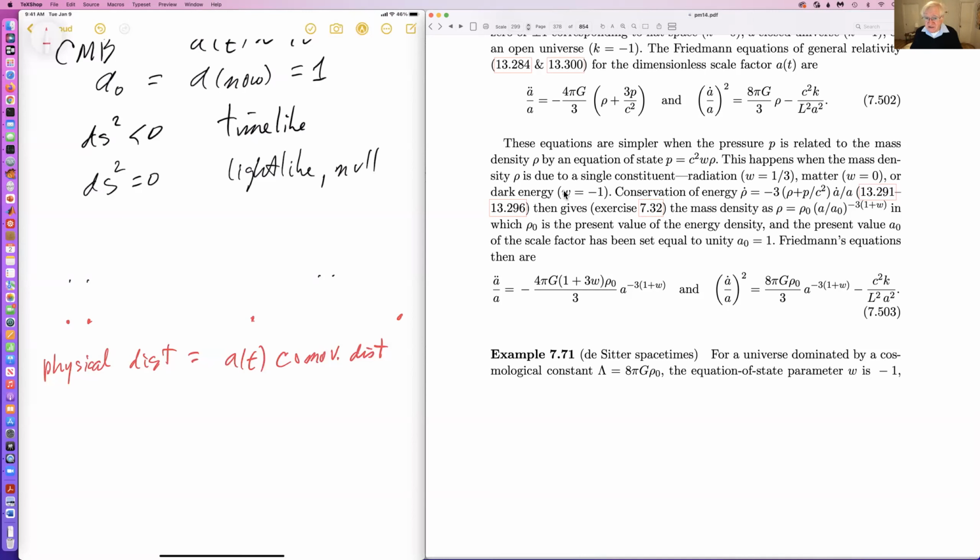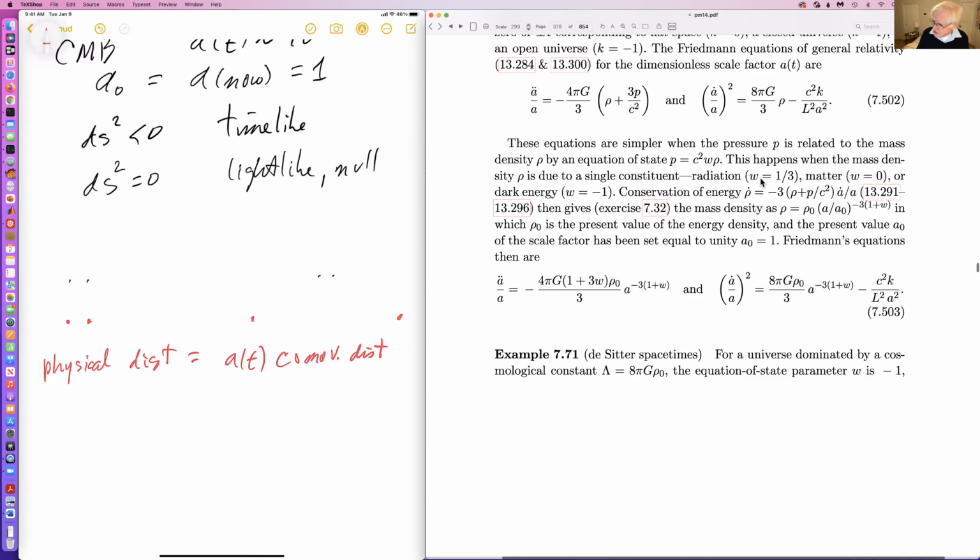And dark energy, as far as we know, W is -1, and that would be true if it's just the energy density of empty space. But of course, we don't really know. So this is an approximation. Certainly for matter, it's an approximation. For radiation, you can calculate that it's 1/3. It's done in chapter 13.